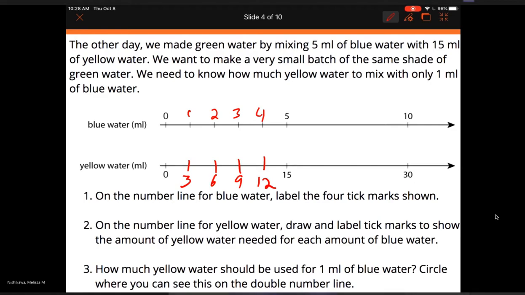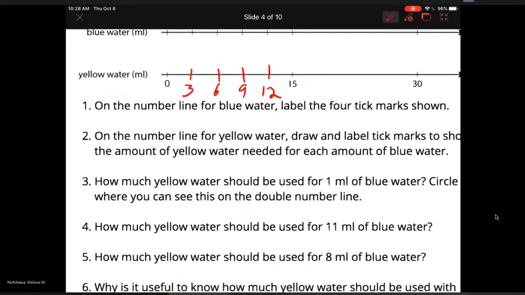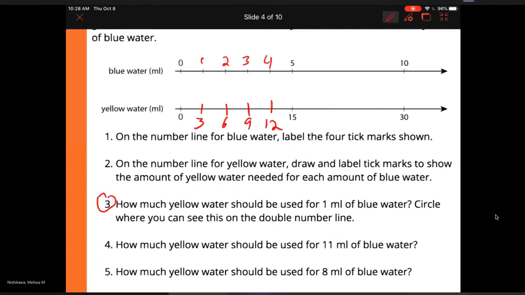So now that we have our double number line for blue water and yellow water, let's look at number 3. How much yellow water? So whenever you're doing word problems, mark them and pull out the important information. So we're trying to find out how much yellow water should be used for 1 milliliter of blue water. So I'm going to change the color of my pen.